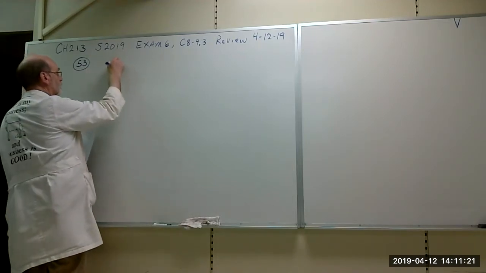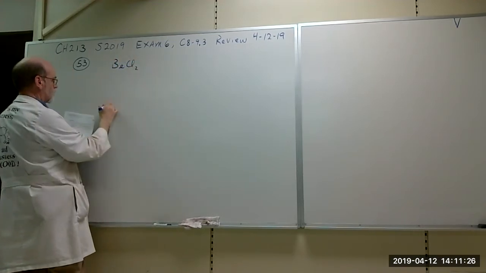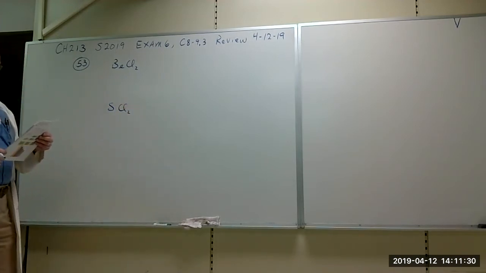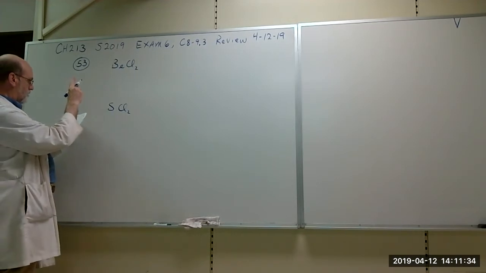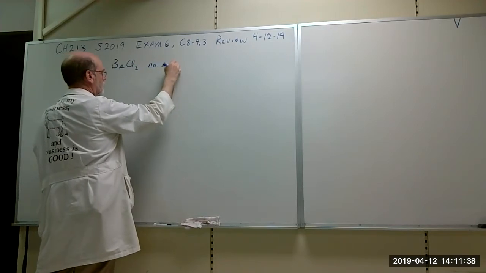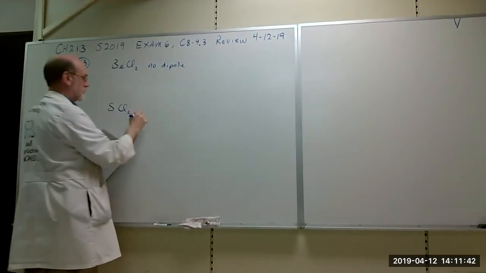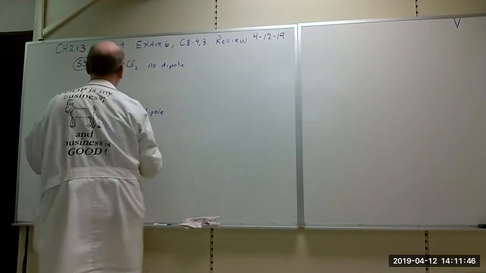Well, let's see, here's beryllium chloride, or dichloride, and here's sulfur dichloride. So we need, let's see, no dipole here. You're given that because we can measure it. And this one does have a dipole. We have to explain why.